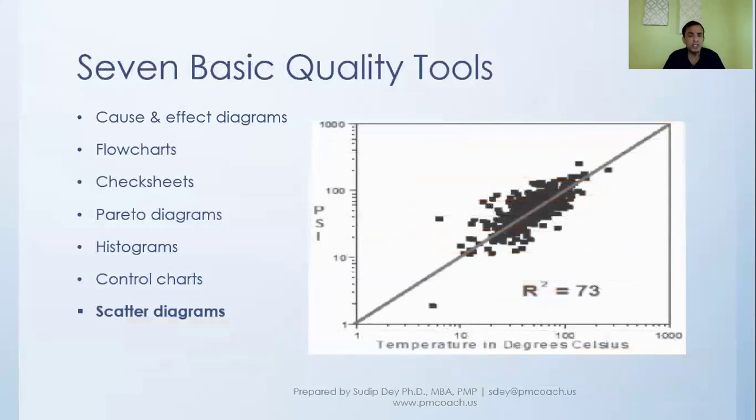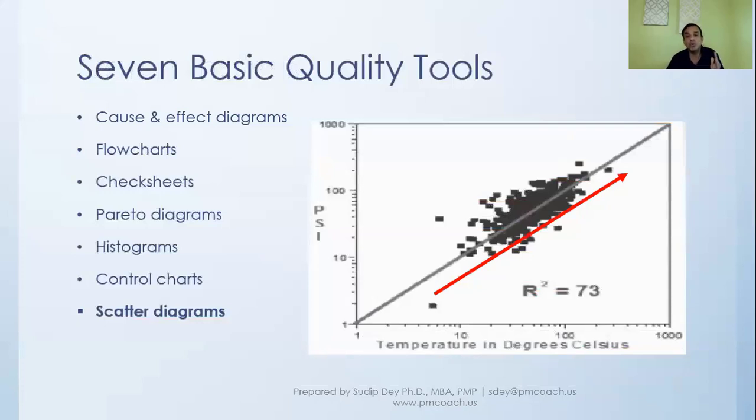Then there is this tool which is called the scatter diagram. In a scatter diagram, we map the correlation between two variables, input and output, plot them in a graph, and see how they are related. And once we do that, we can draw a trend line. Does it mean that as one goes up, the other goes up as well?